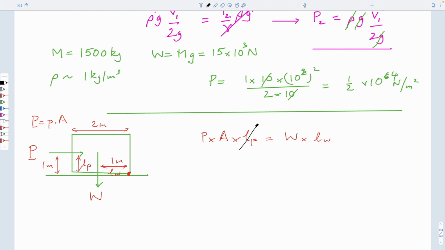I'm going to make each one of these, I guess I could do this, right? These both cancel out at 1 meter. And I guess then the weight of the truck that would just be blown over is going to be equal to the pressure times the area of the truck.